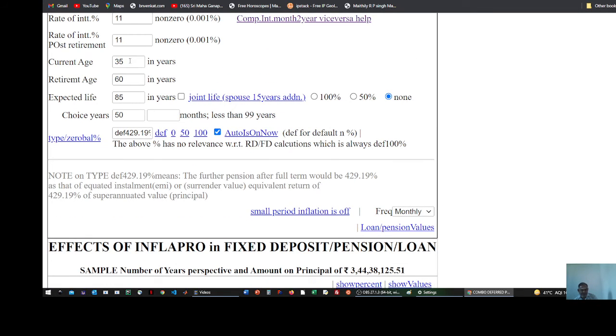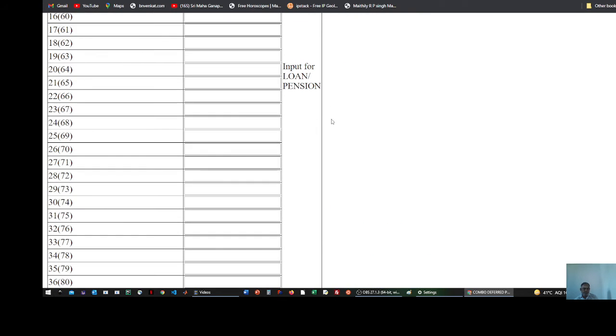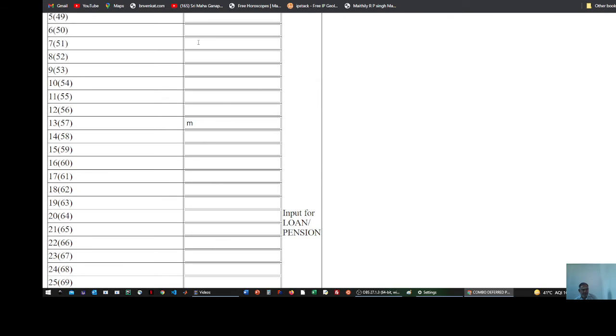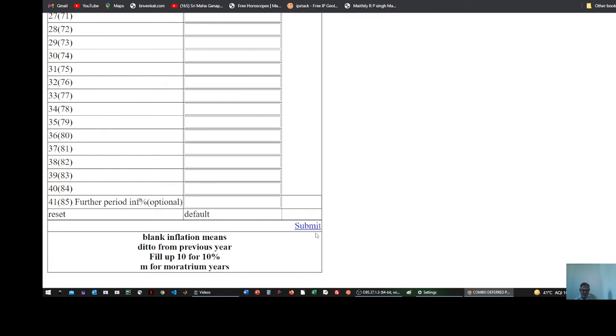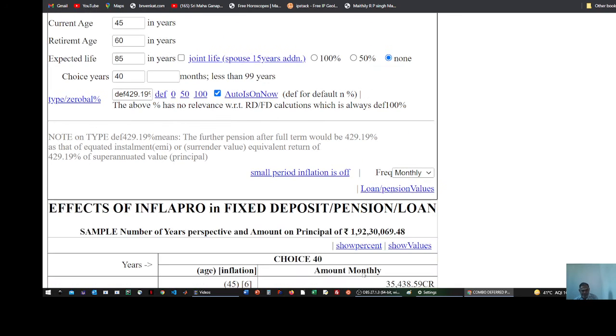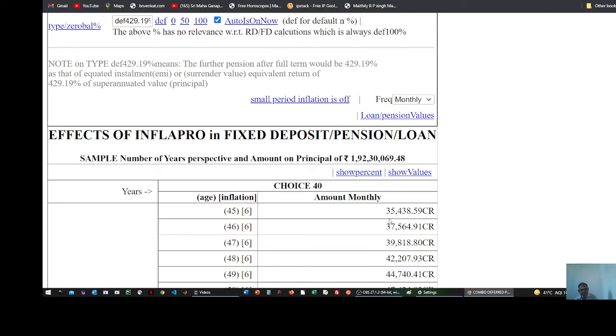Let us take the age of 40 or 45 and consider the investment only for 12 years and then moratorium afterwards. Now the first monthly investment will be around 35,000 rupees.